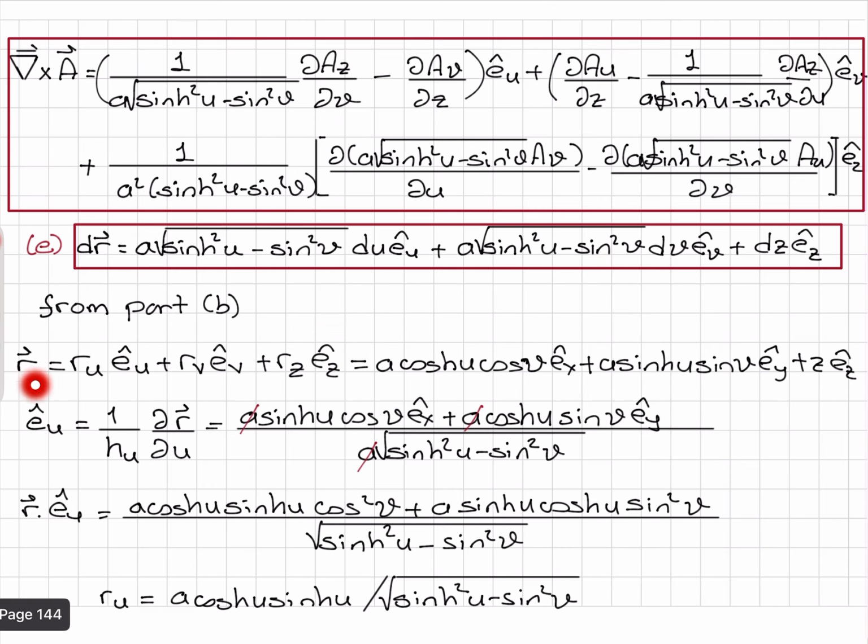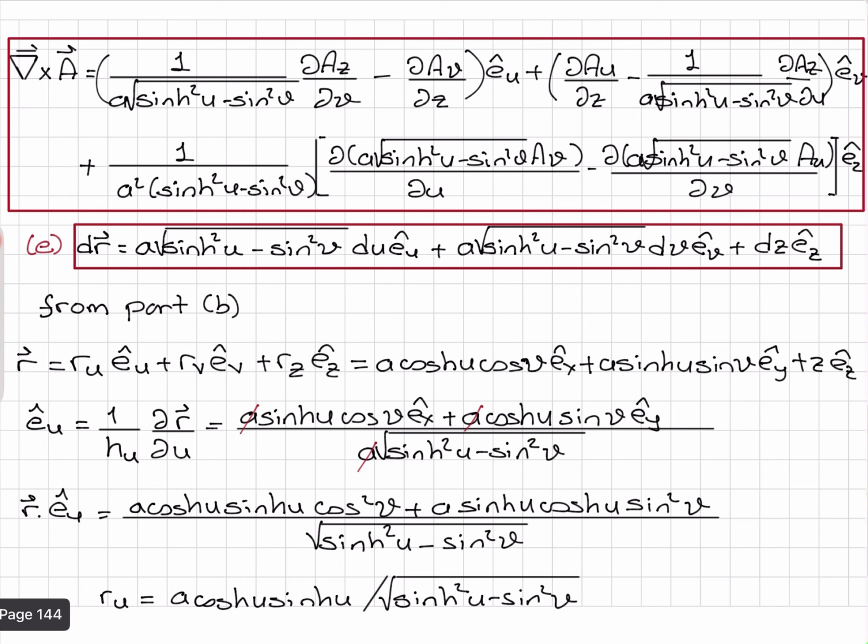Now for the position vector written in the new coordinate system, I need the component of the position vector in the eu hat direction, ev hat direction, and ez hat direction. And that is equal to the position vector written in the Cartesian coordinate system with the transformation equations.